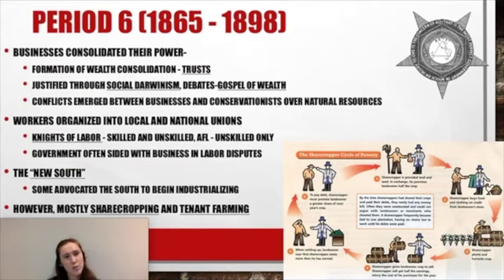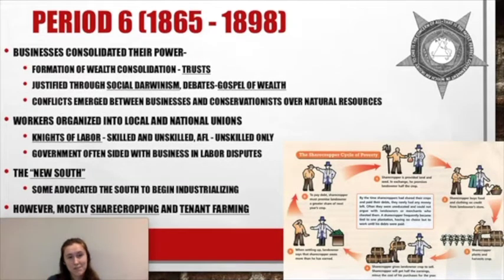But this argument and this idea that hard work equals success in America is going to be something we see at this time period, and it's also going to be something that we see today. A whole idea of hard work will equal you to be able to be successful and accumulate wealth. That's the foundation of American culture. And this is one way that social Darwinism is justifying the growth of a very wealthy class of Americans at this time.